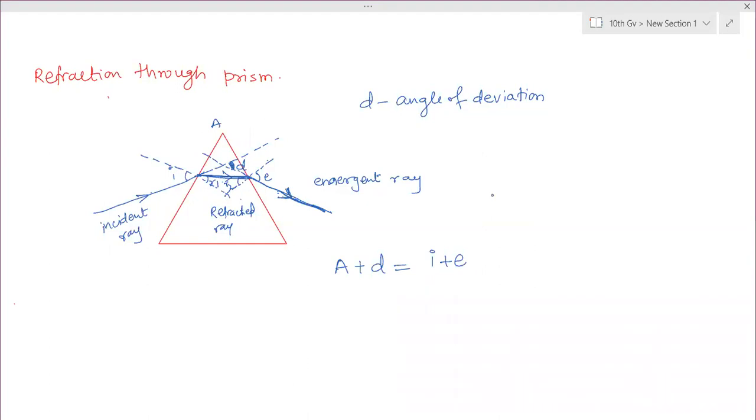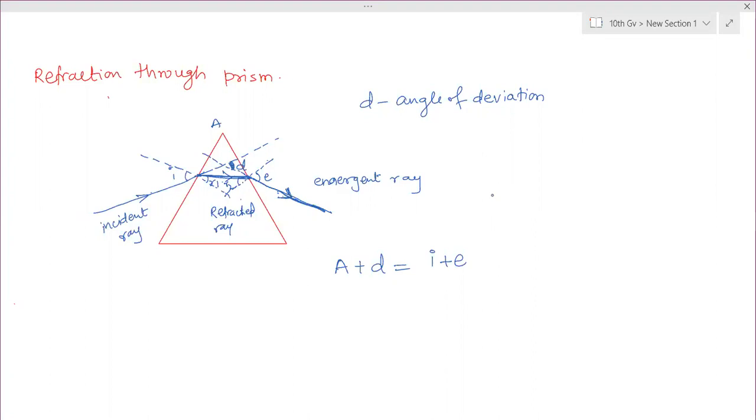Something about wavelength, I guess. Four factors are there: refractive index, and wavelength of light. So one is the angle of prism.